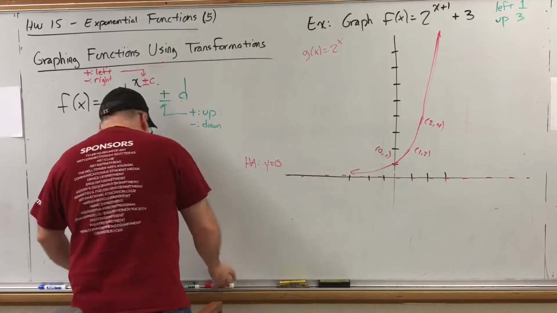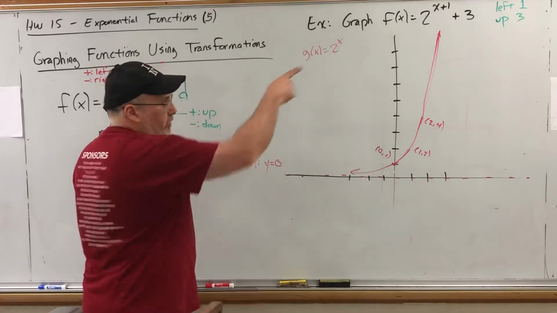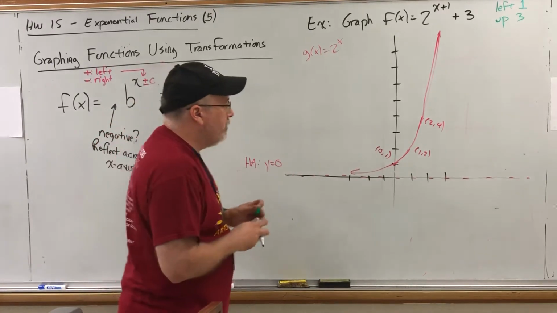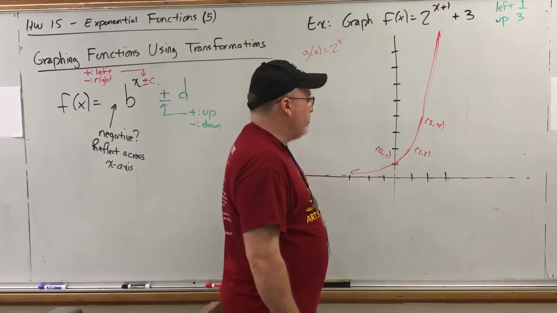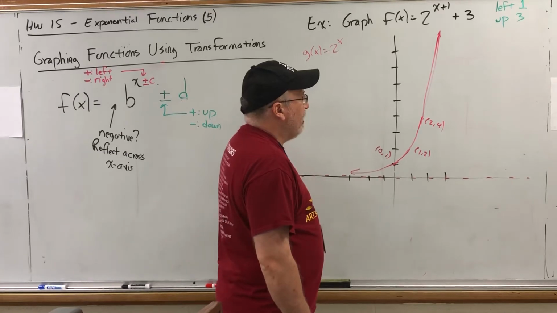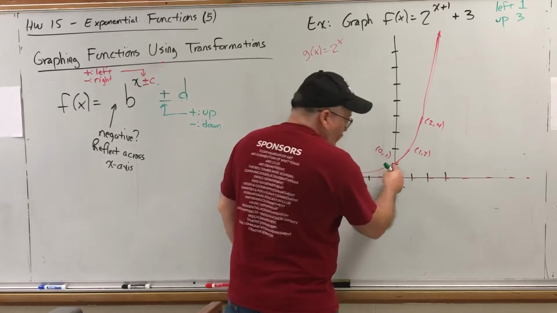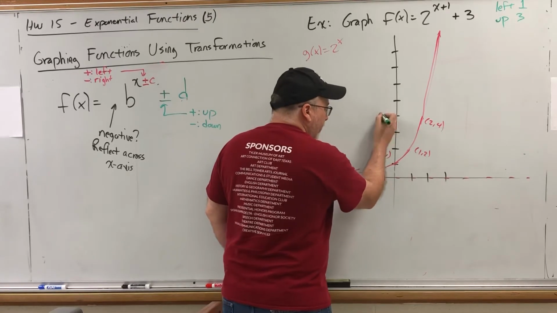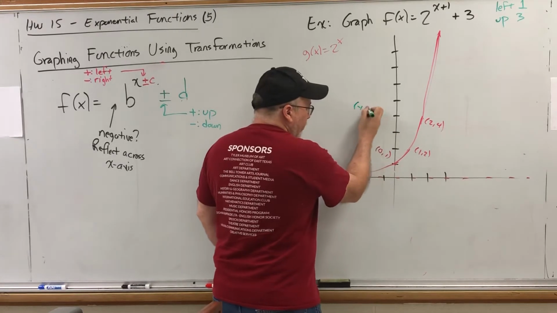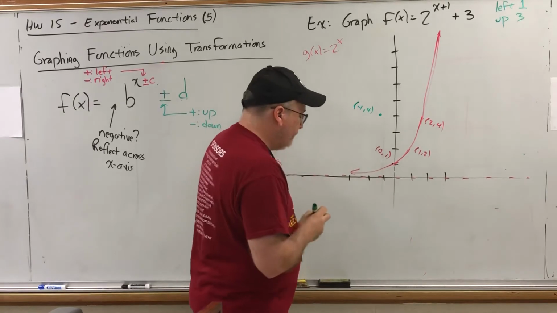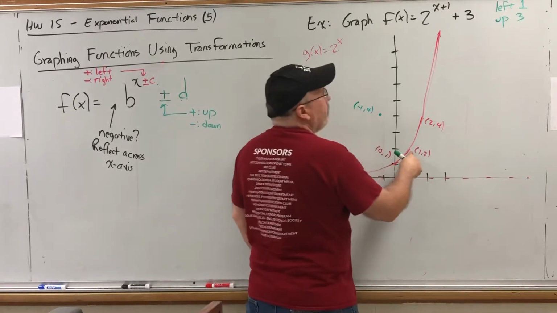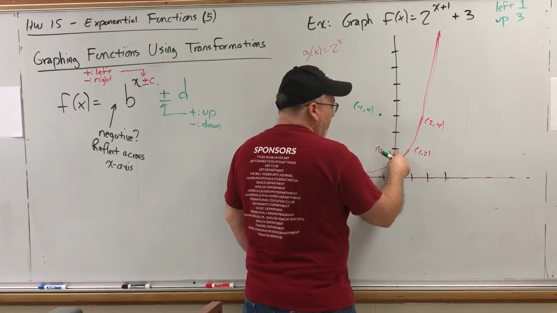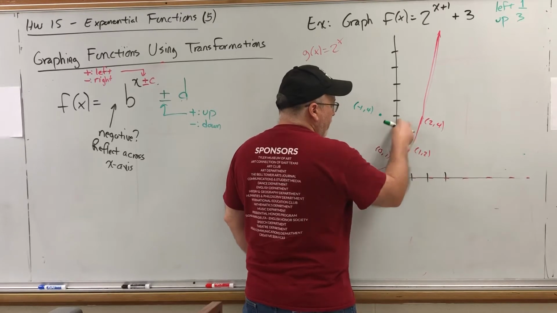So how do we draw the new graph? Well, we just do those motions to these points. So let's start with the original y-intercept. We need to move it to the left 1 and up 3. So if I'm here, go left 1 and up 3, it'll put me here. I believe that point is negative 1, 4. Let's take the point 1, 2, move it left 1 and up 3.